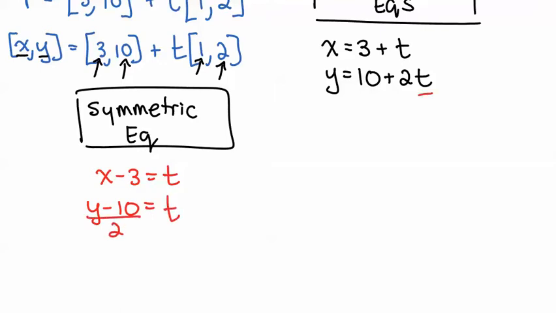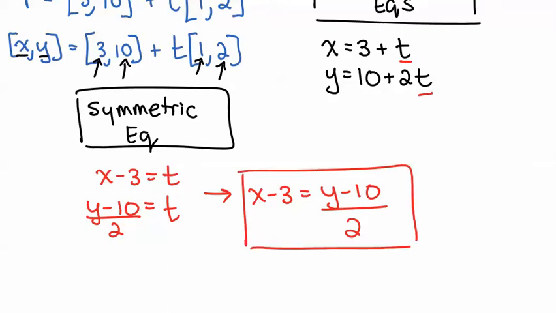Since I know the t's have to be the same value, I just make my equations equal to each other. And this would be my symmetric equation here: x minus 3 equals y minus 10 over 2.